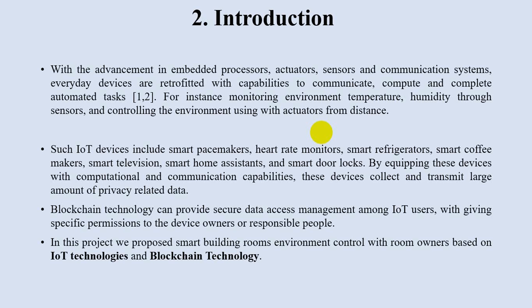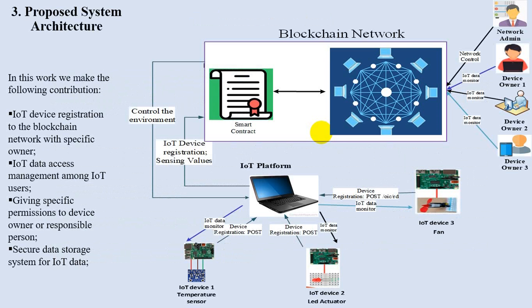Blockchain technology can provide a secure data access management system among Internet of Things users, giving specific permission to the device owners or responsible people. In this project, we propose smart building room environment control with room owners based on Internet of Things technologies and blockchain technology. Here is our proposed system architecture.